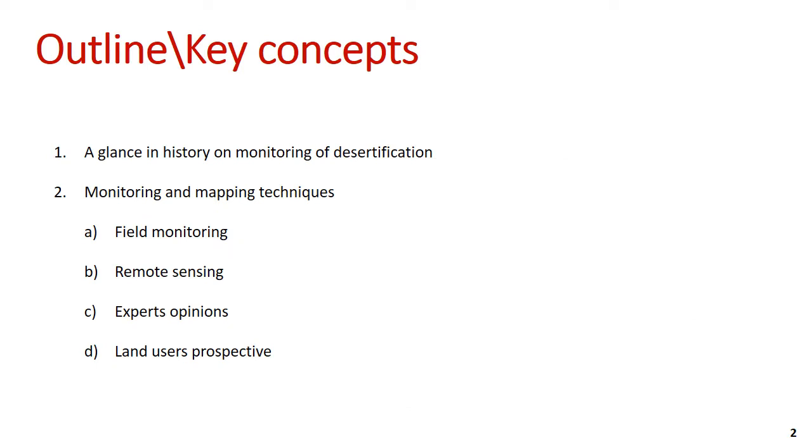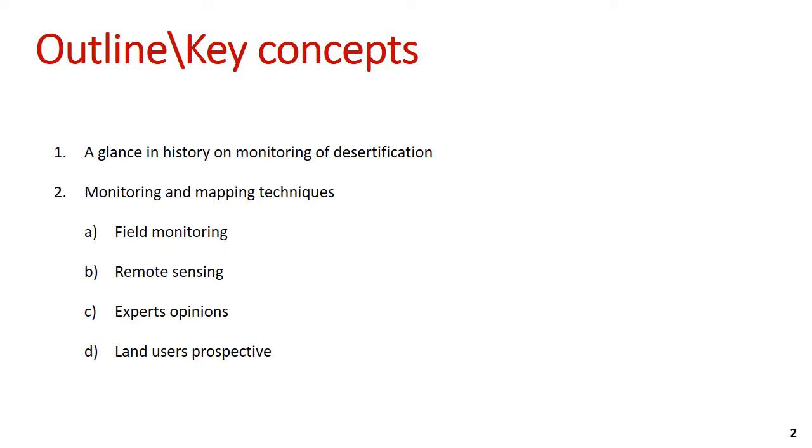To start, I'll give you an outline of what the lecture would be about. This lecture would talk about two main points. At the beginning, we will go through a brief history about monitoring of desertification and how it developed, and then we would know what monitoring really means.